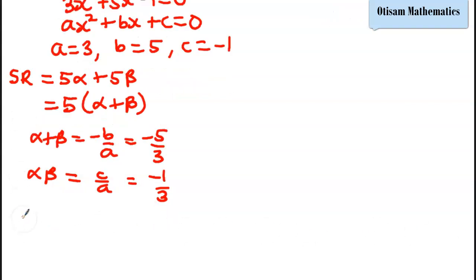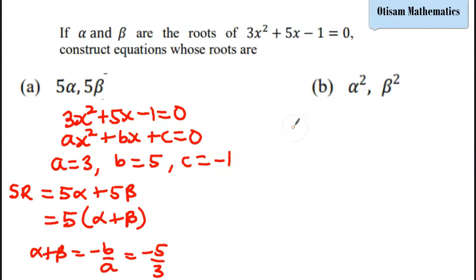So our sum of roots now becomes 5 times alpha plus beta, which is minus 5 on 3, giving minus 25 over 3. So let's look at the product of roots. Product of roots becomes 5 alpha times 5 beta. 5 times 5 is 25.